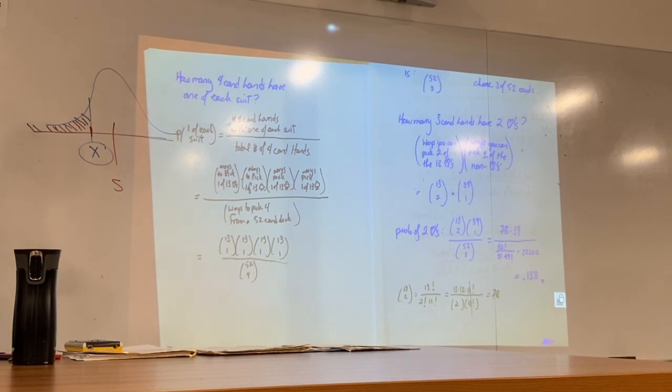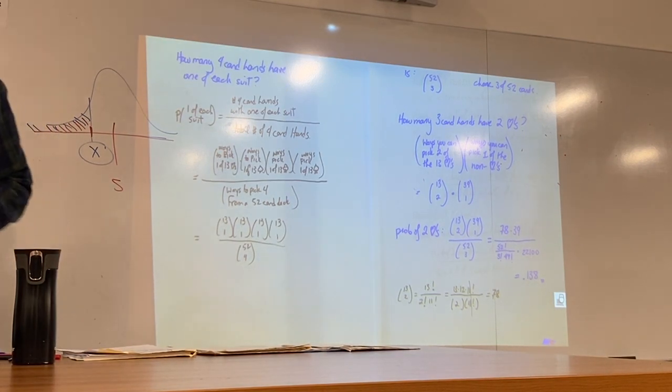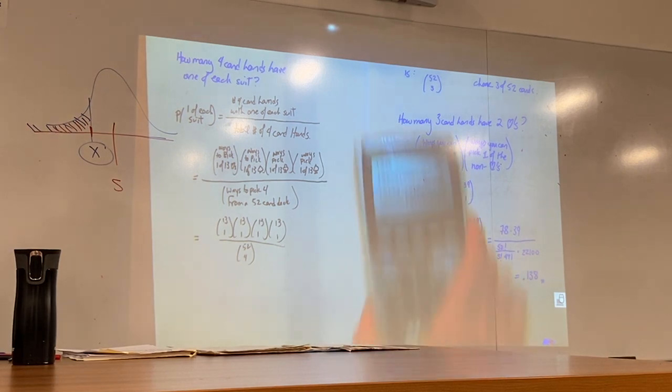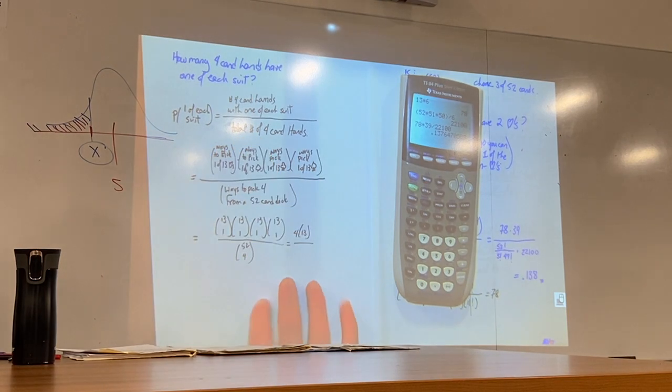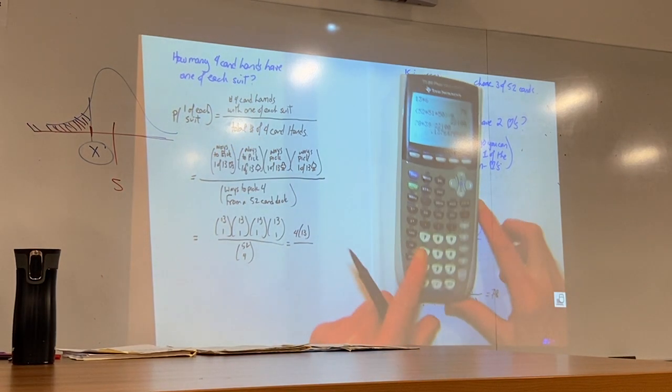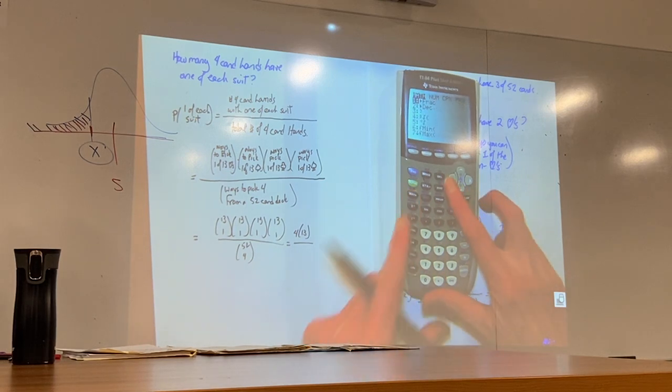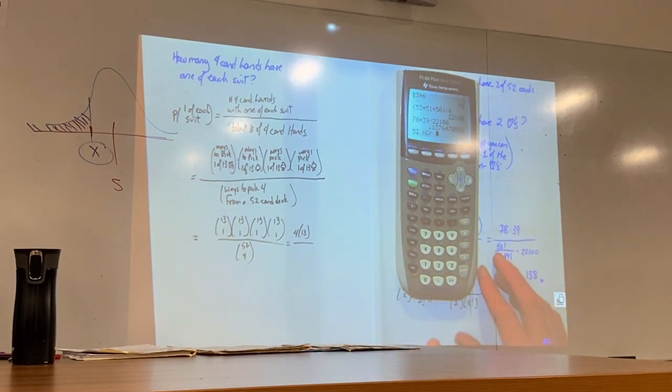Feel okay? I know the numerator is 4 times 13. The denominator, I bet there's a lot of these. 52 choose 4 on the calculator.